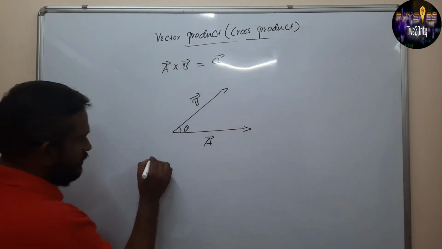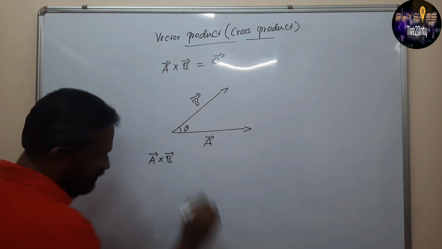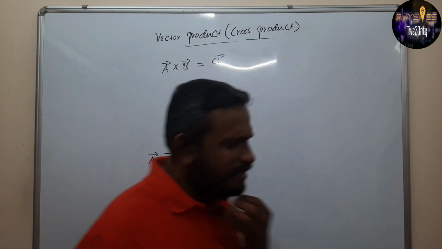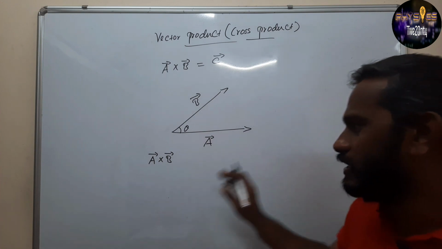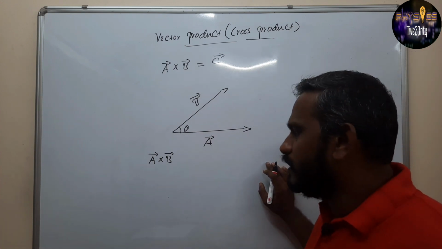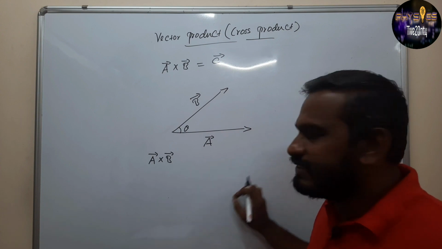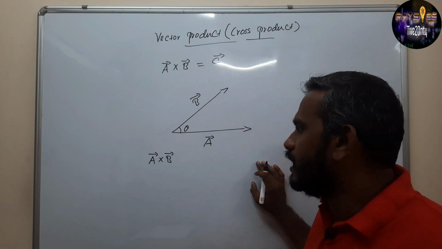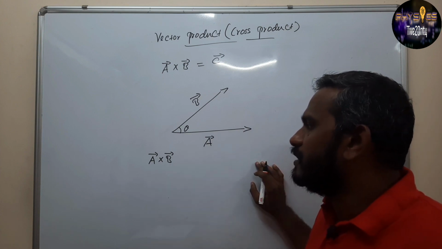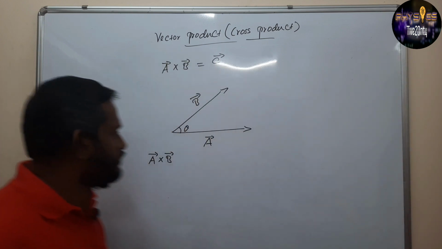That is A vector cross B vector. It is nothing but the product of the magnitudes of the two vectors, the sine of the angle between these two vectors, and a unit vector.